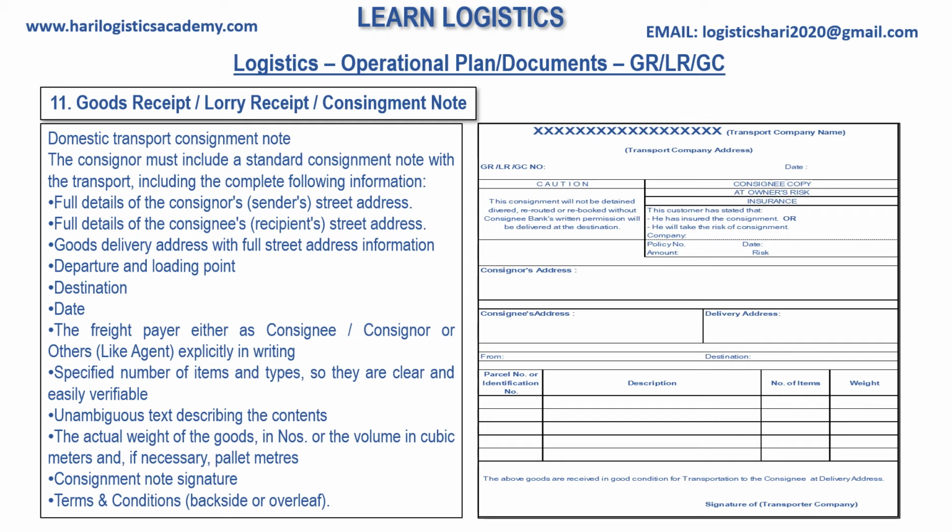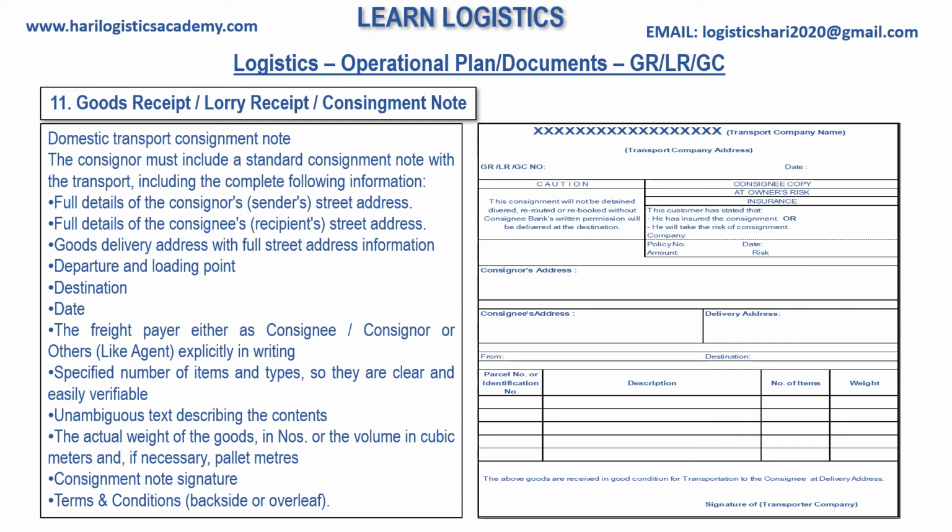Now we should know another document which is followed in the logistics or transportation sector, which is the goods receipt or lorry receipt, or it's called a consignment note. So these are more or less the same document.